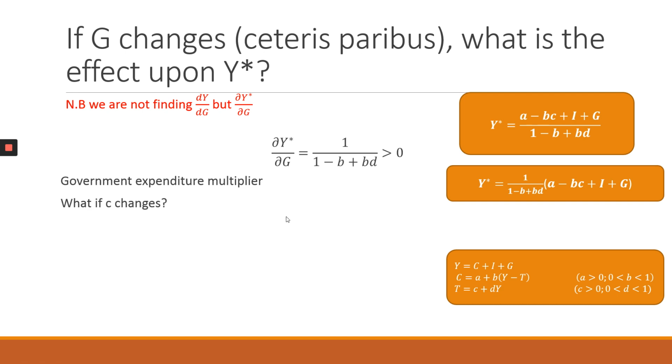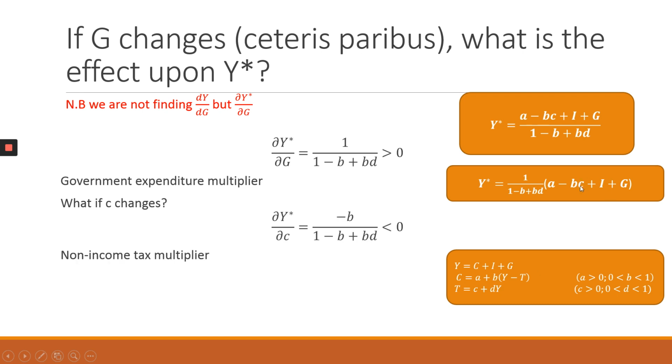In the same manner, we can also find the effects of the other exogenous variables. So for instance, we want to find the effect of change in C, right? Recalling that C is the non-income tax multiplier in our tax function, also known as the autonomous taxes, right?